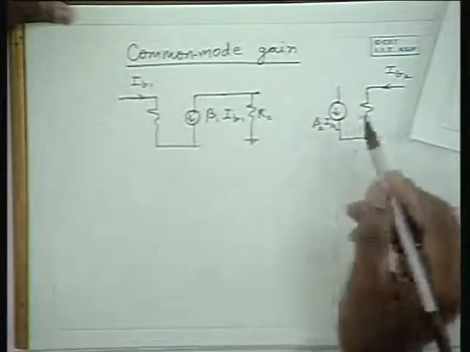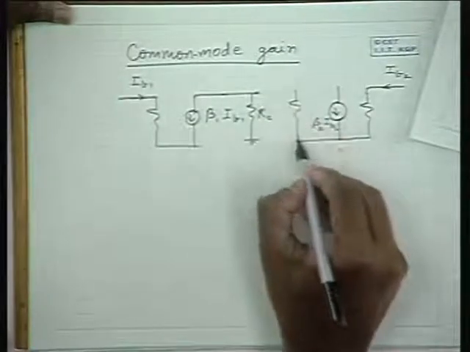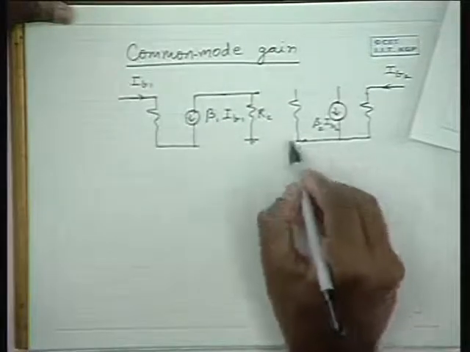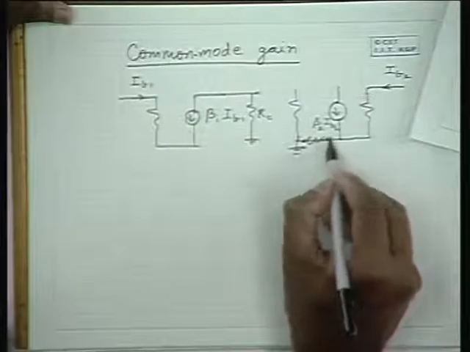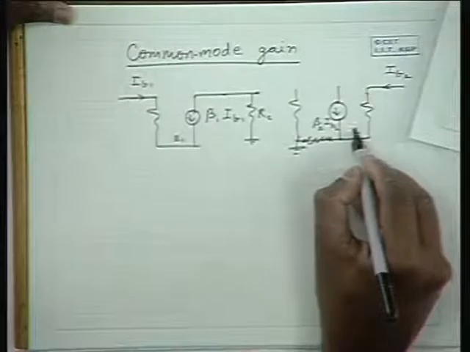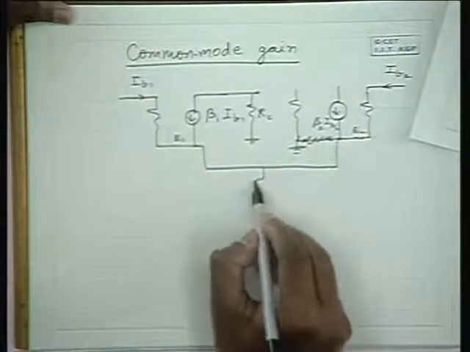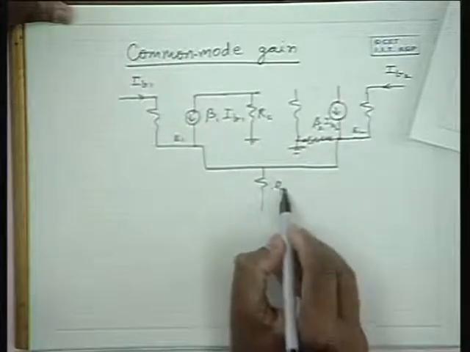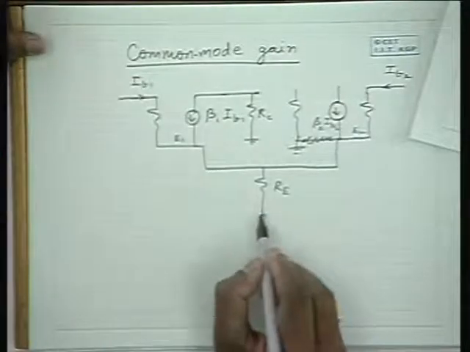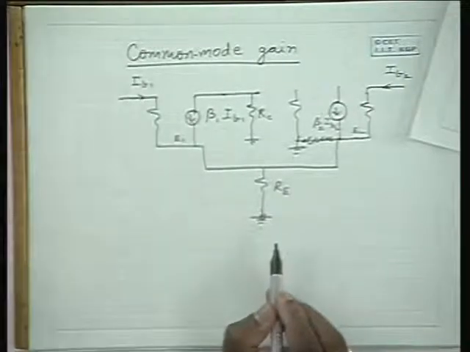When these are identical, beta 1 is equal to beta 2, and this is connected to RC. This is emitter 1, this is emitter 2. Now, both are connected together and these are connected through Re to the ground. These are connected to minus VEE, which is like a short circuit as far as alternating signals are concerned, therefore it is a ground.